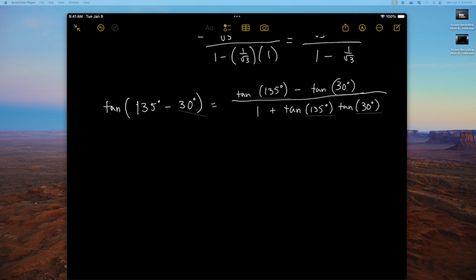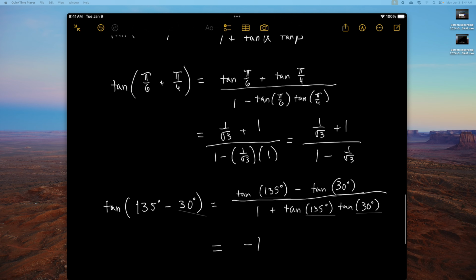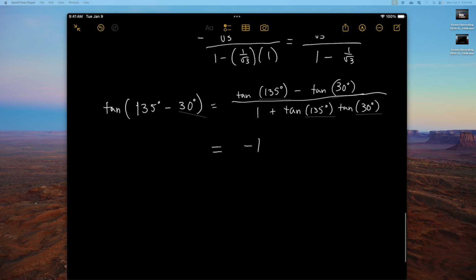Okay, so tan of 135 degrees is going to be -1. Tan of 30 degrees, I just did, didn't I? Pi over 6. Yeah, it's the same thing. Is 1 over the square root of 3.